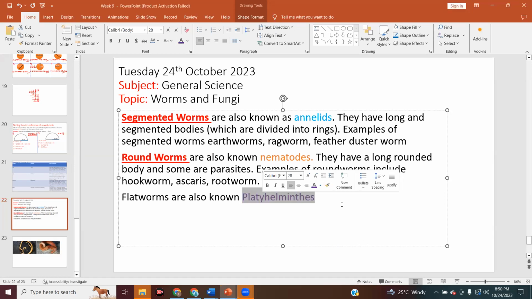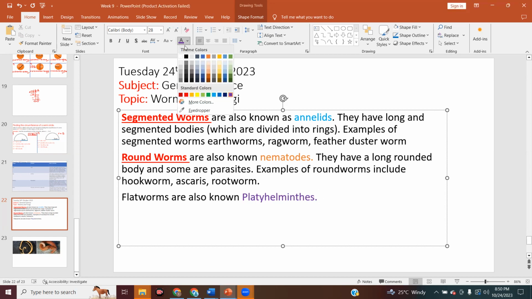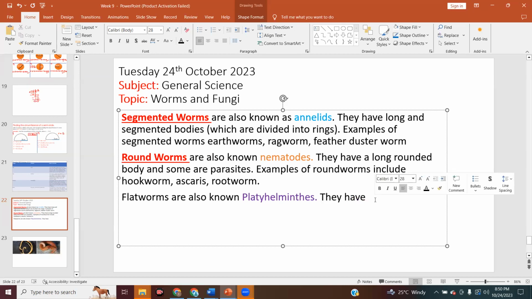And it means flatworm. So they have longish and flat bodies.